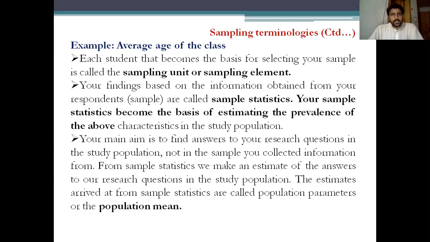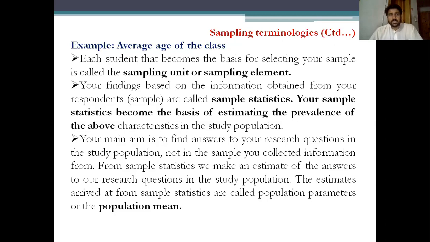For example, continuing with the same example, each student that becomes the basis for selecting your sample is called the sampling unit or sampling element. The findings based on the information obtained from your respondents, or the sample, are called the sample statistics.